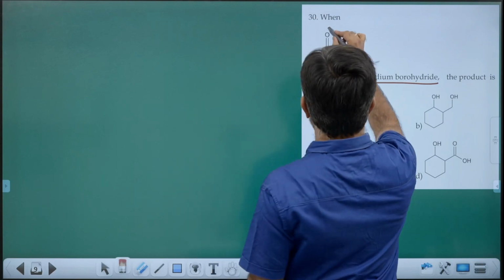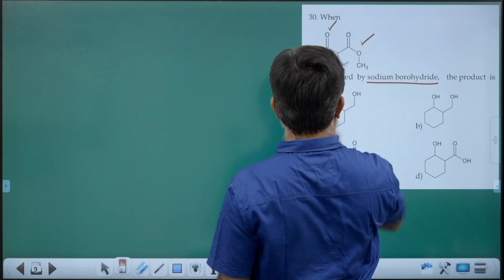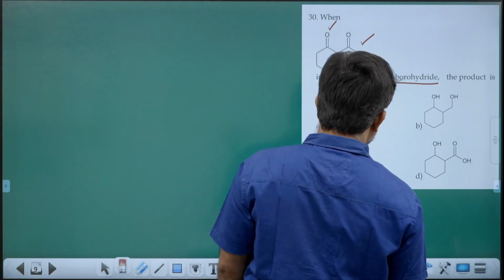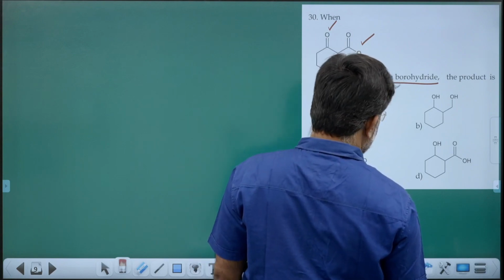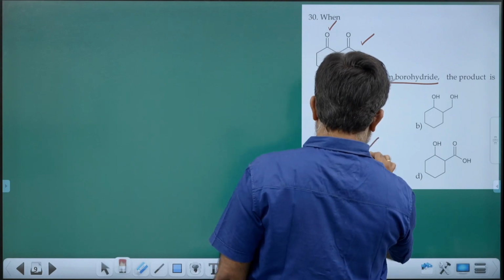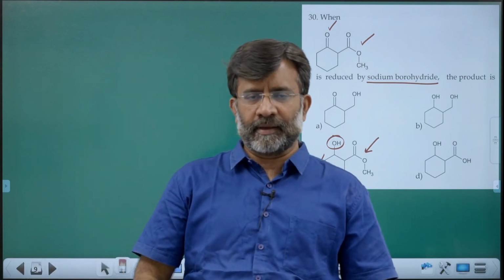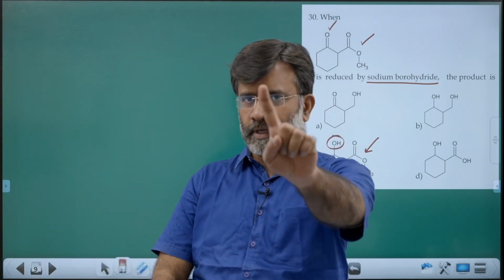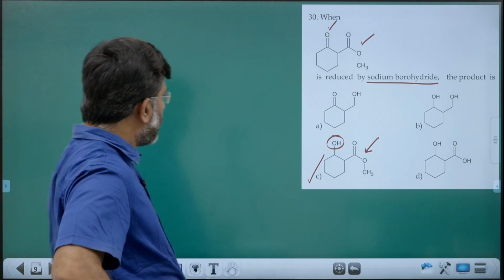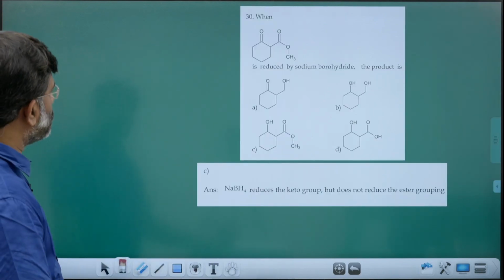Here you have a keto group and here an ester. The ester will remain as such and the keto group will be reduced. Option C is the correct answer.